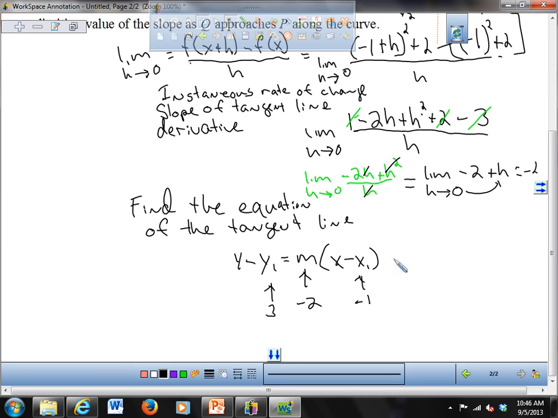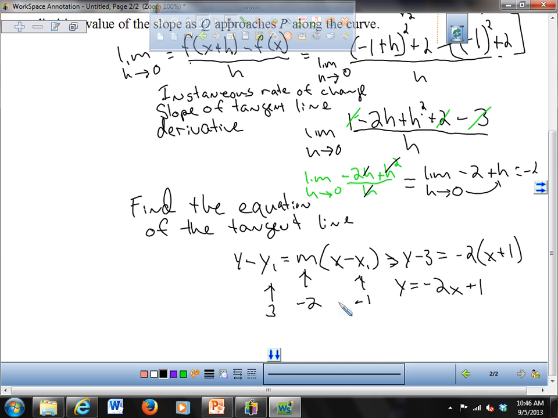Plugging that in, I get y minus 3 equals -2x plus 1. If you don't like point slope form, which is okay with me, you could always change it into slope intercept form, but you don't have to. Minus 2x minus 2 plus 3 would give you plus 1. So that would be the equation of that tangent line. Questions on that?